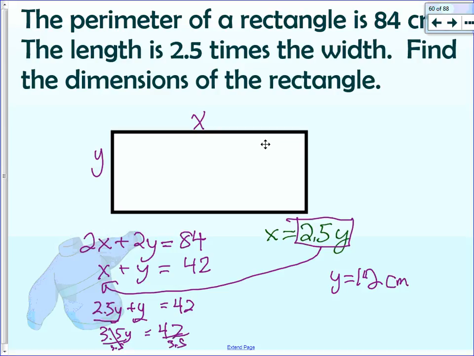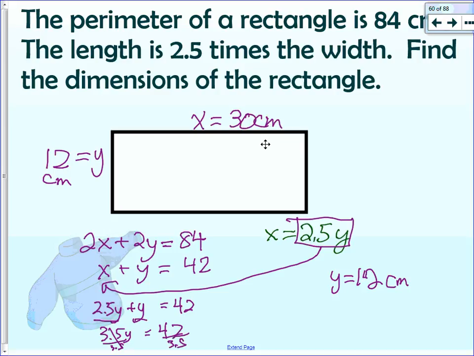Centimeters. Okay. Now when it says find the dimensions, have I found the dimensions? x is 2.5y. Okay, 30.